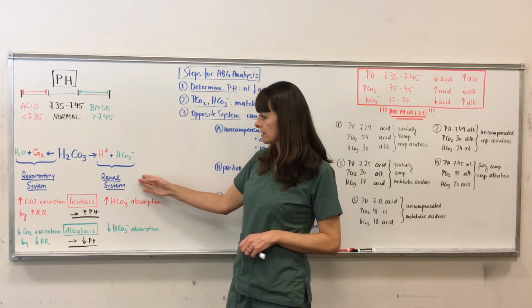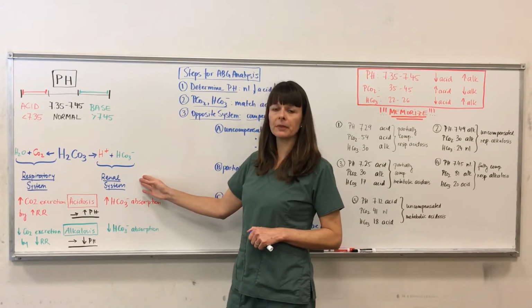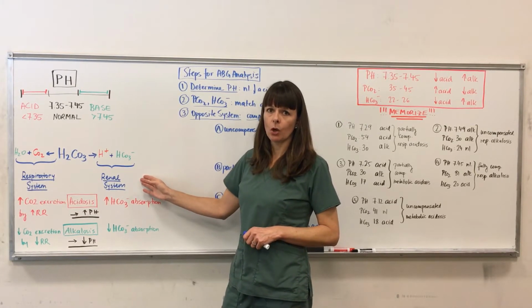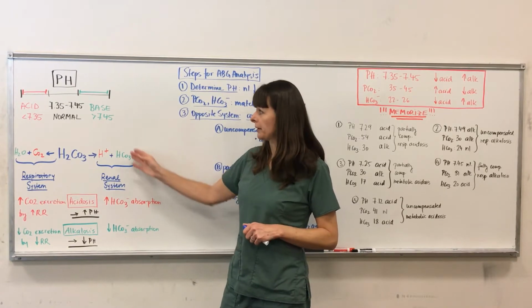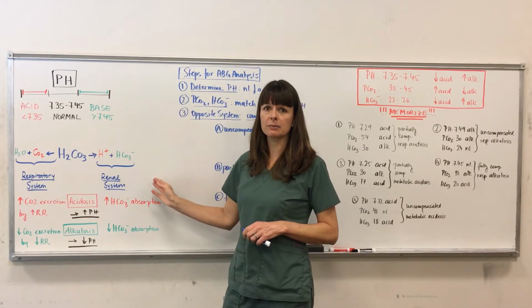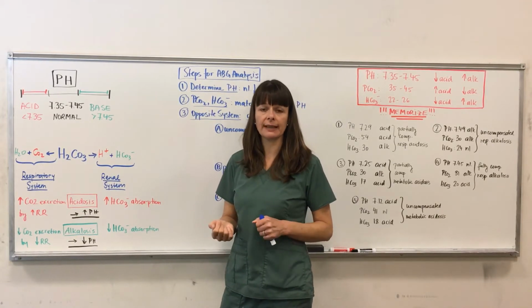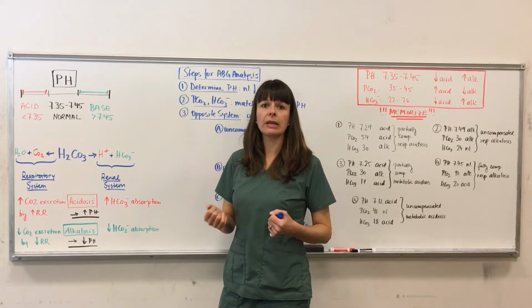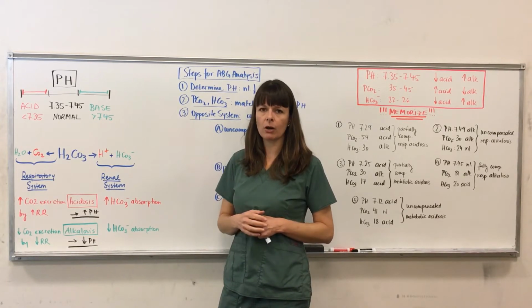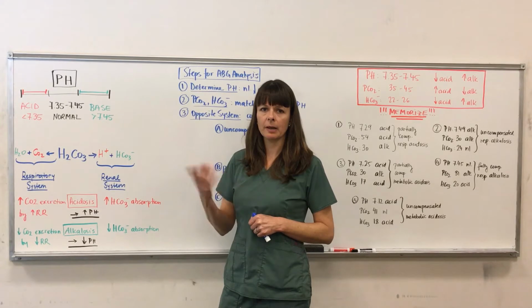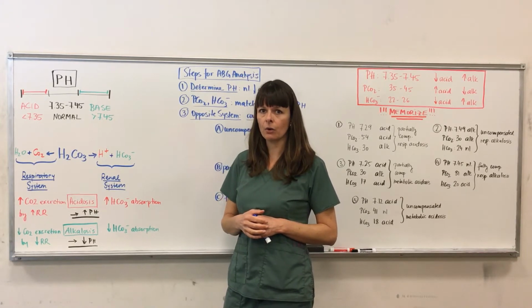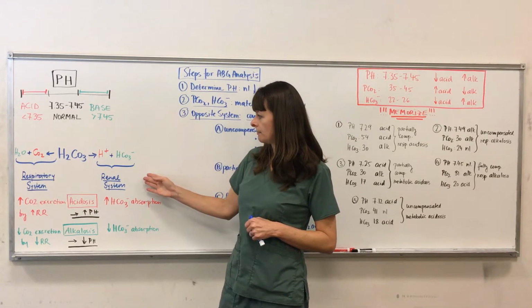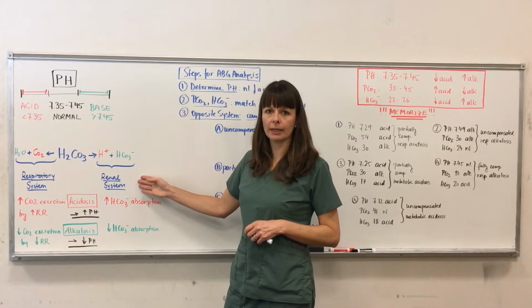So if there is something going on with the renal system, or with the metabolic system, where now the pH has gotten out of balance because let's say the patient is septic, they have a very bad infection, they've had major burns, they have renal failure, there can be all kinds of underlying issues that I'll be discussing in a separate video that can be the cause for metabolic imbalances.